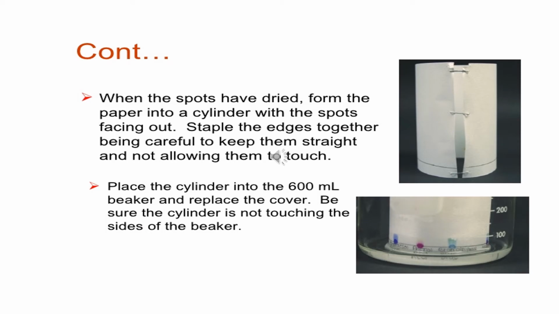When the spots have dried, form the paper into a cylinder with the spots facing out. Staple the edges together, being careful to keep them straight and not allowing them to touch. Place the cylinder into the 600 ml beaker and place the cover. Be sure the cylinder is not touching the side of the beaker.